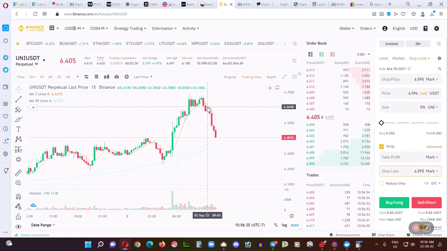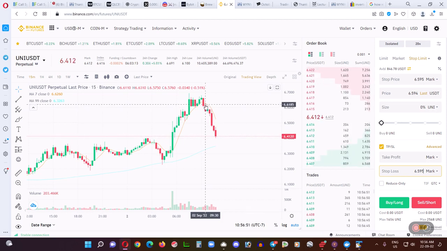So if it pops back up, you're out of the trade. It would have actually done that here by about a penny approximately, but that's why you want to wait. Another thing you can do is set it just a tiny bit above, like say 6.61. That way, even at 20x, you still don't lose hardly anything.